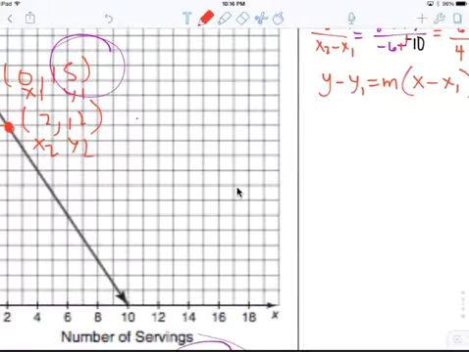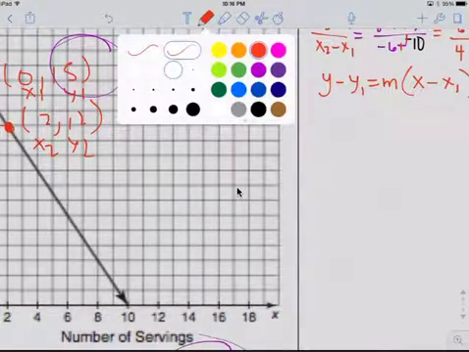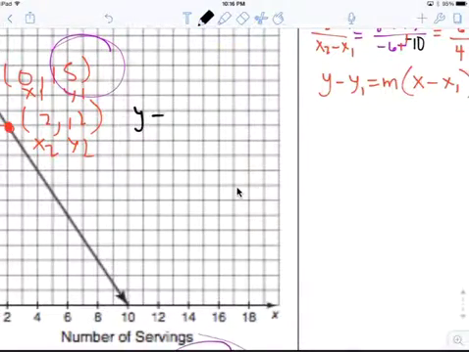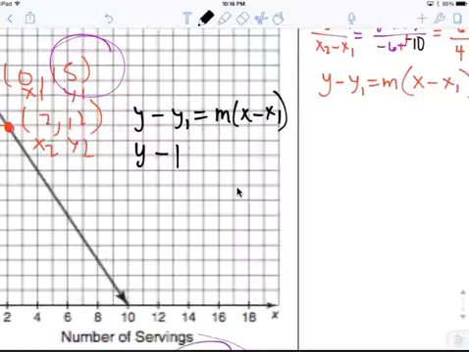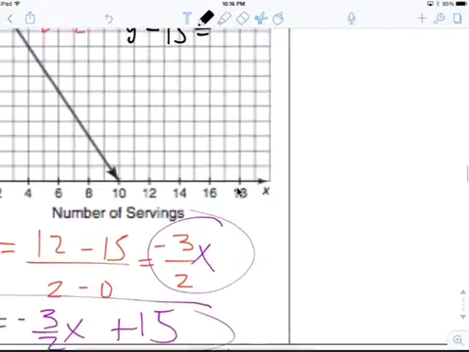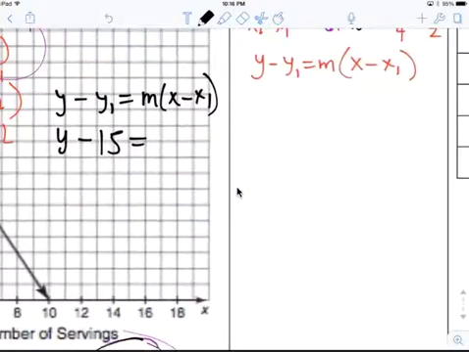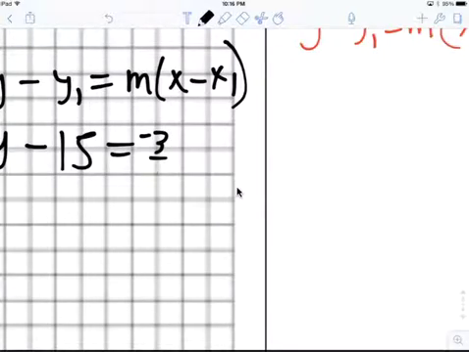Let me do a different color. Let's do black and y minus y1 equals m parentheses x minus x1. You'll get the same answer: y minus y1, which is 15, equals m here. M is negative 3 over 2, times x minus 0 here.